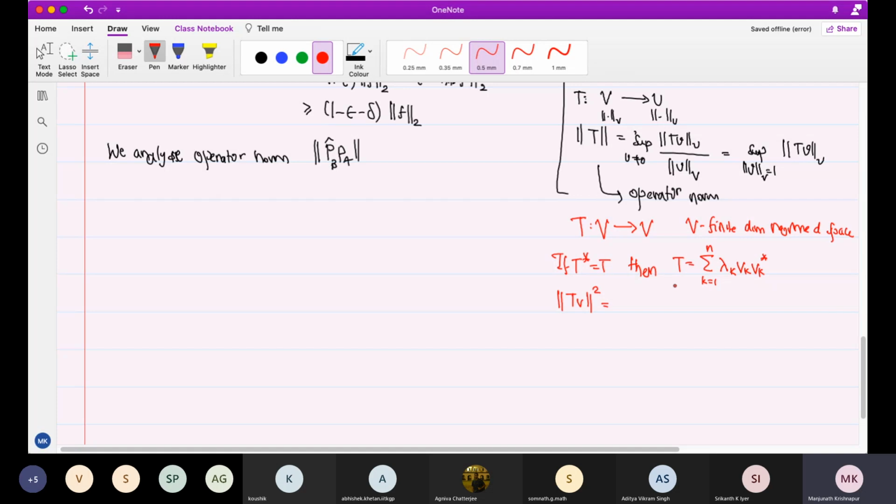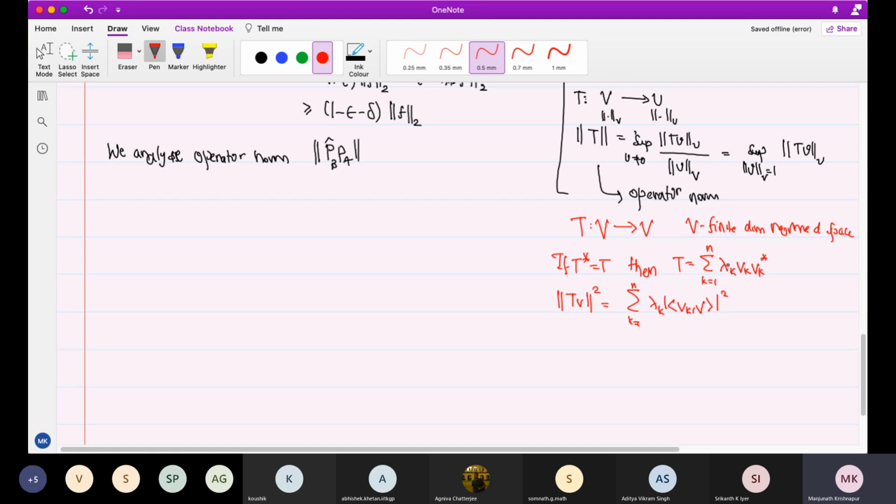the norm of TV squared will be, you apply T to V, what you get? You get the summation of lambda k times the inner product of V with Vk times Vk, right? The Vk eigenvectors form an orthonormal basis, and these are the eigenvalues.